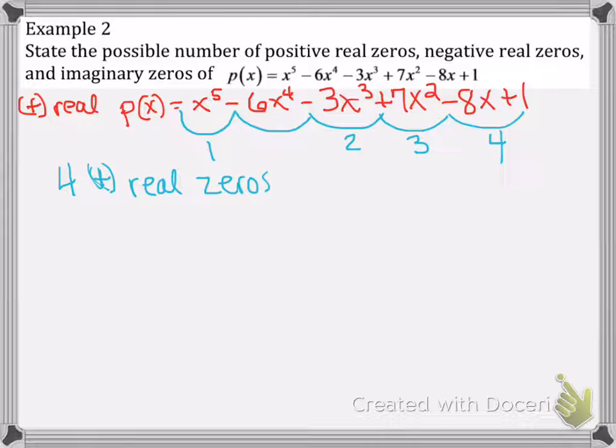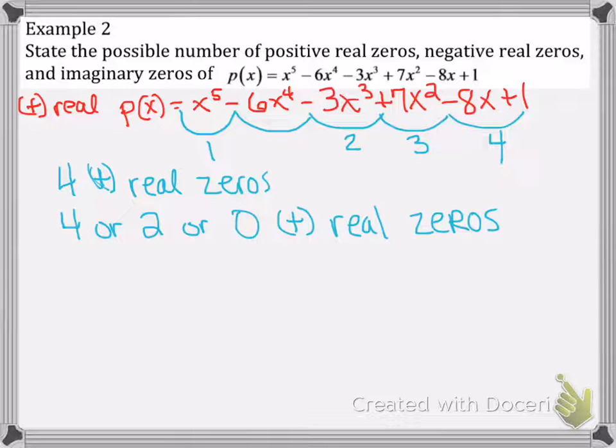Now, what we also have to do with this number is subtract 2 from it if this number is bigger than 1. So what this really means is I could really have 4 or 2 or 0 positive real zeros.